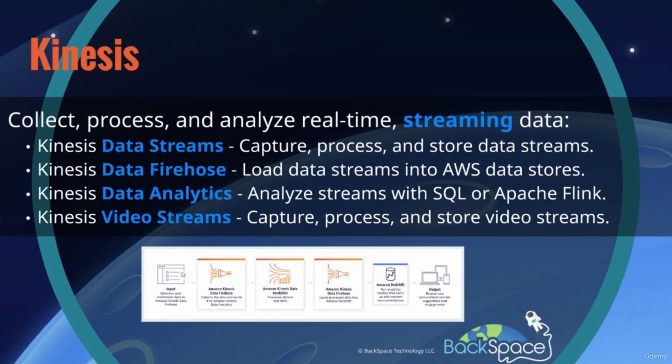Kinesis Data Firehose will allow you to load real-time streams and save that in real time into AWS data stores. Kinesis Data Analytics will again allow you to analyze those real-time streams using SQL statements or using Apache Flink. And finally, Kinesis Video Streams will allow you to capture, process, and store video streams.